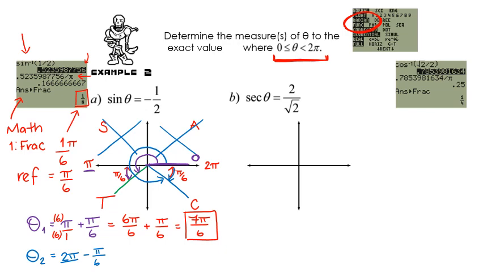I'll put the 2 pi over 1, and we'll need a common denominator of 6 once again, so I'll multiply the first fraction by 6 over 6. So we would end up having 12 pi over 6 minus pi over 6. So our solution for our terminal arm in quadrant number 4 is going to be 11 pi over 6.